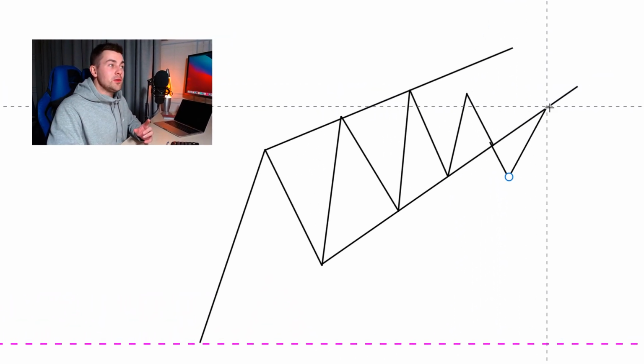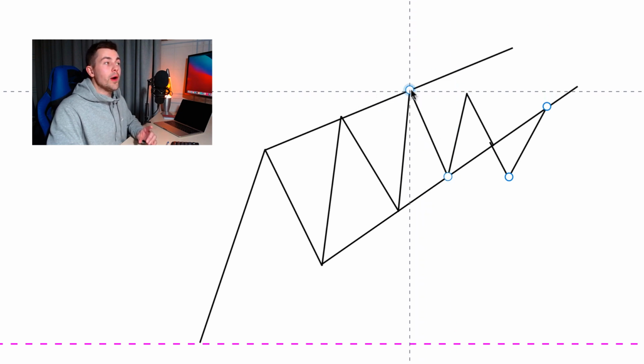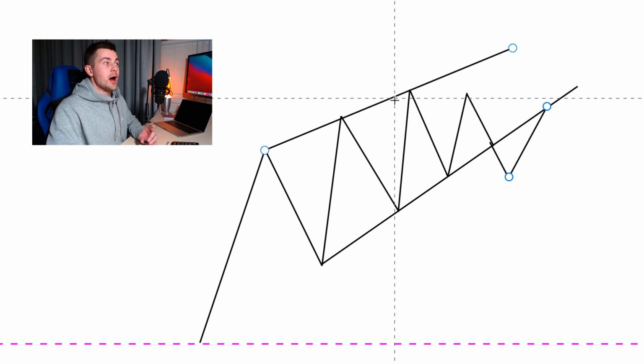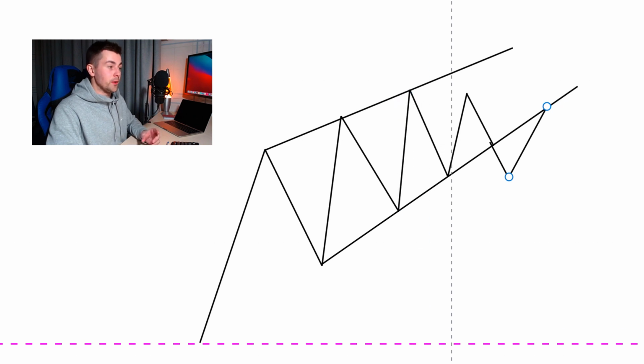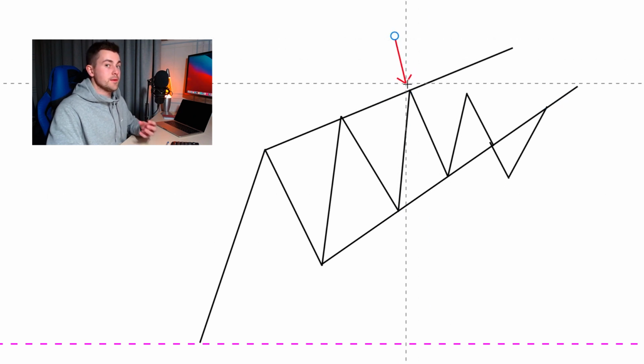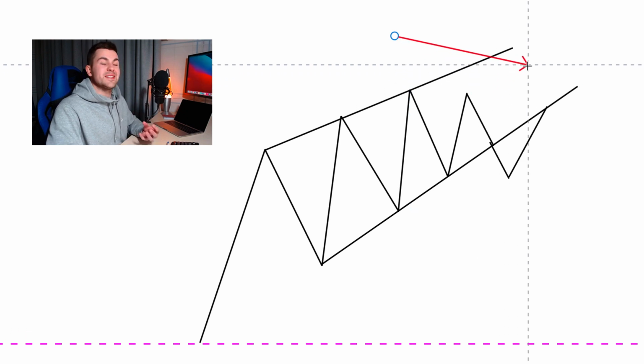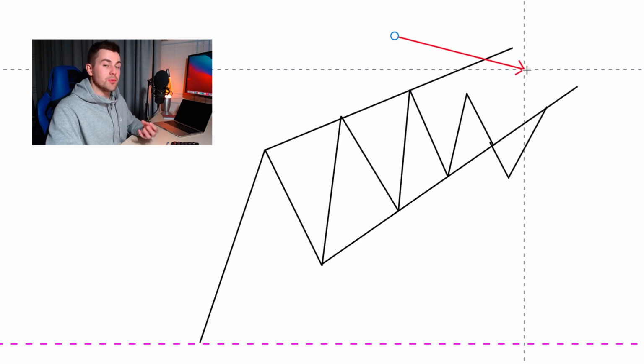In my view, we are wrong in our predictions only when the market violates our current structure high to the upside. Over here is our current structure high, the higher high, higher close. So I become wrong trading the wedge when the market sets a new higher close in the bullish trend.